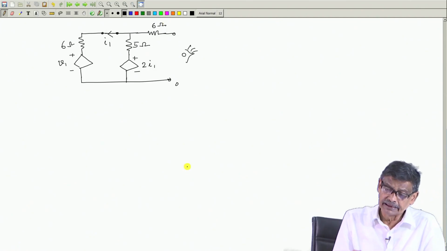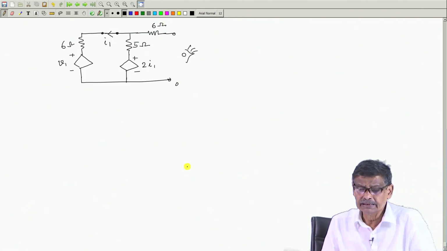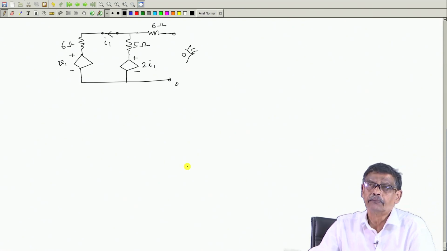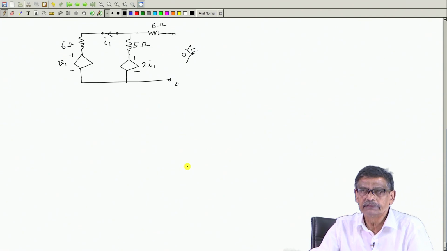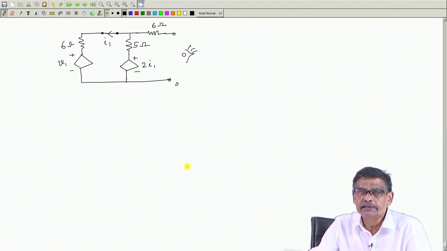Now, here once again, in case when circuit has only independent sources, we will be replacing those independent sources by their internal impedances.